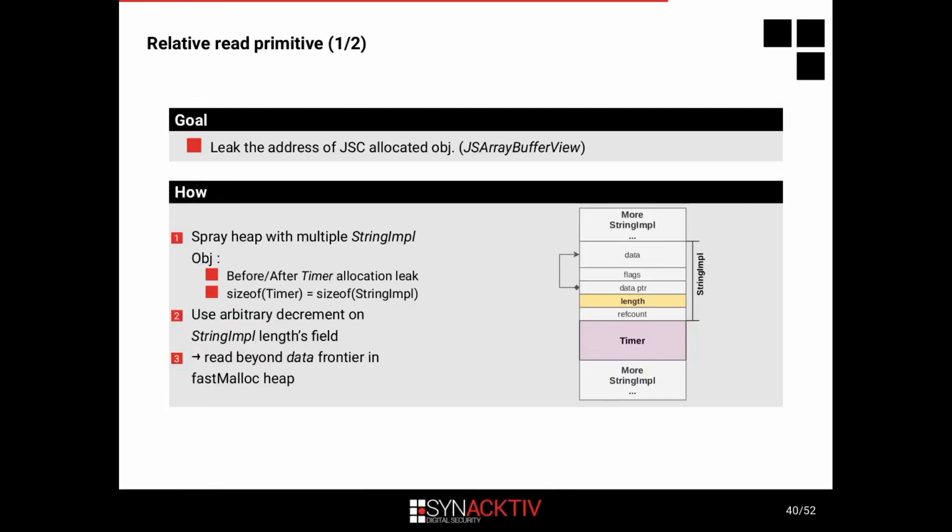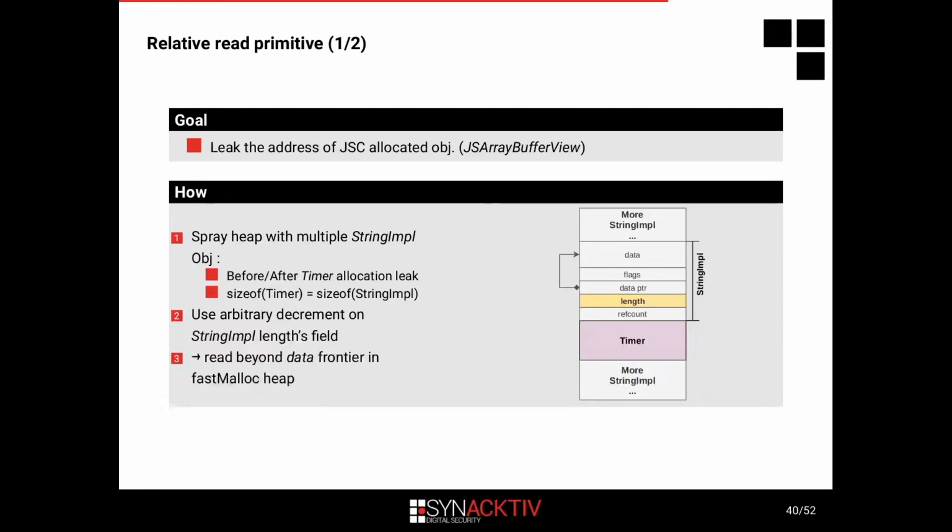In JavaScript, strings are immutable. This means that we can read in the data buffer, but we cannot write data. Also, string impl is interesting because it has a length field and it is allocated in fastmalloc, so we can usually find it using our timer leak.